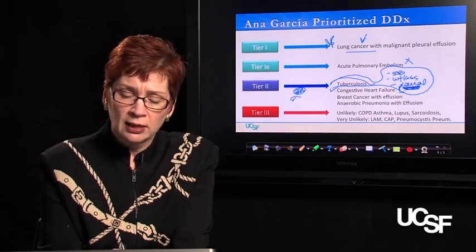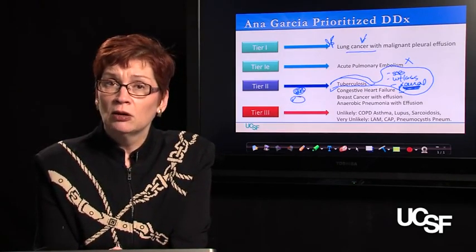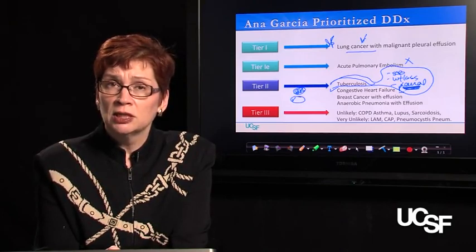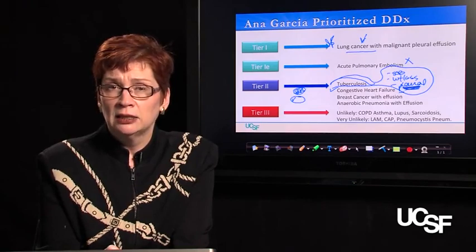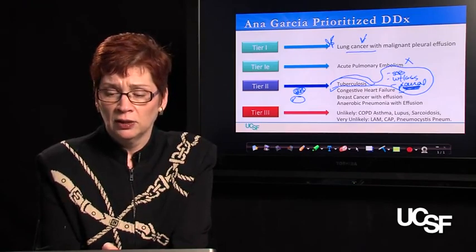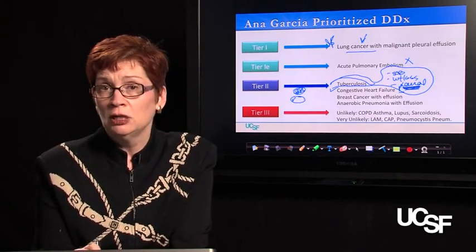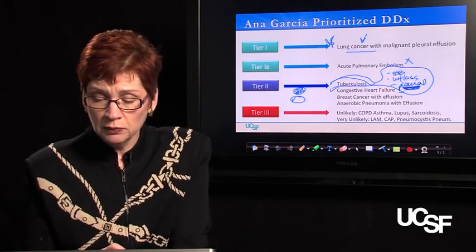It could explain a unilateral pleural effusion. It can't explain a node. And there are many features of heart failure that Ms. Garcia doesn't present with. For instance, elevated neck veins, S3, or any other pathologic indicators of heart failure. So at best, it's a tier 2. And if you wanted to argue it's really a tier 3, I'd buy into that.